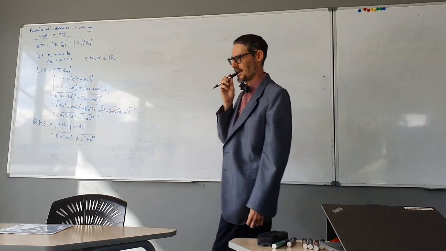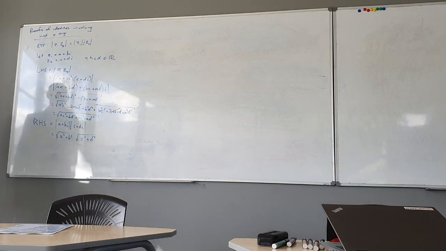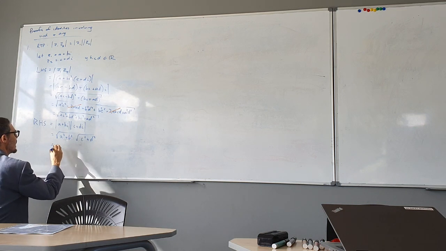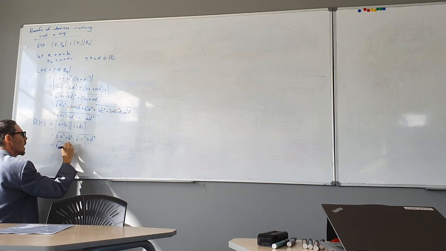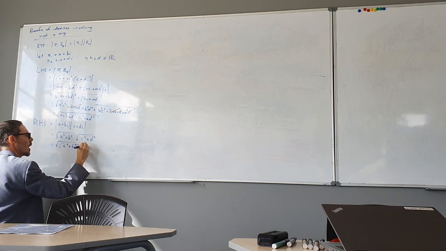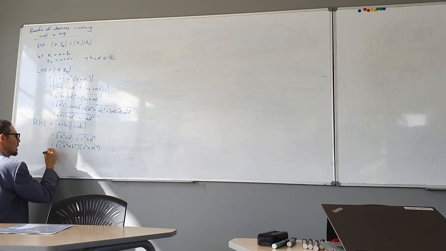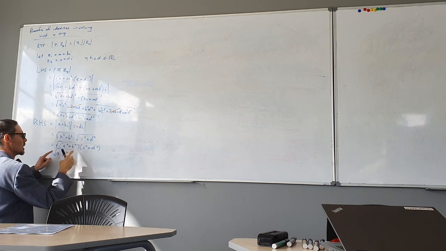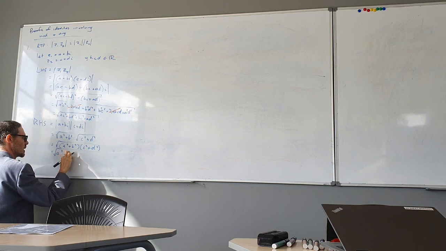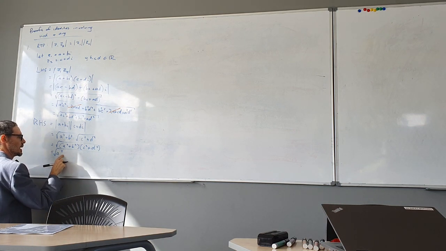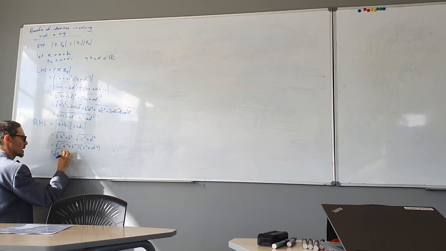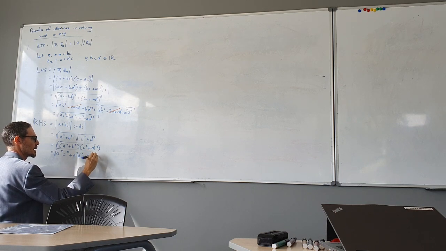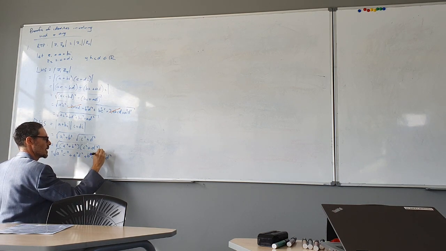How do I simplify that? No, what am I doing? a squared c squared plus a squared d squared plus b squared c squared plus b squared d squared. Oh, look at that.